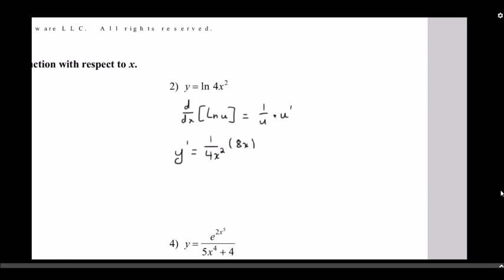So this can be rewritten as 8x over 4x squared. Simplifying, you would get y prime equals 2, because the 8 and the 4 cancel to a 2, over x.